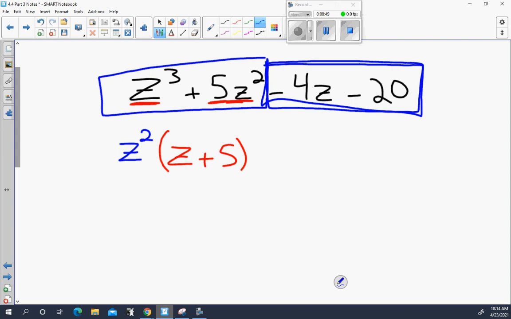I can factor out a negative 4, right? If I factor out a negative 4 from here, what's left? Z. And I factor a negative 4 out of here, what's left? A positive 5.